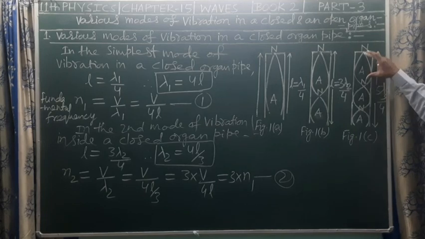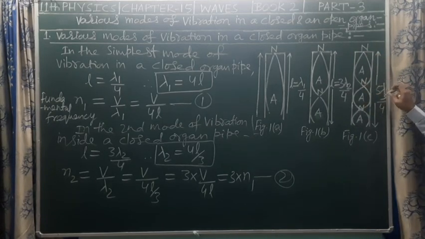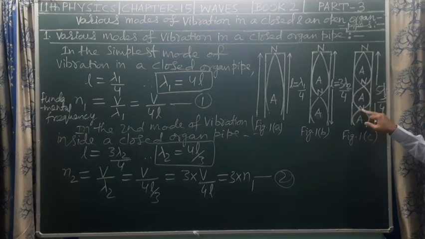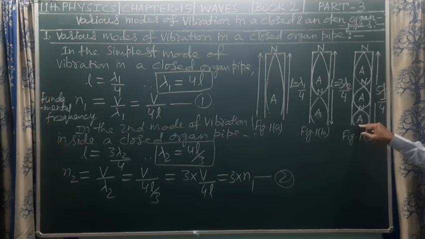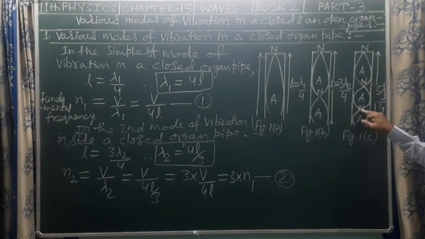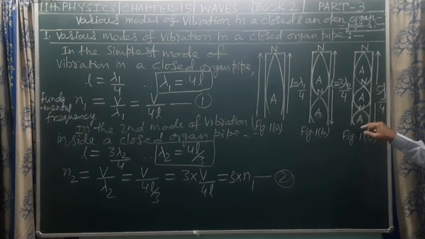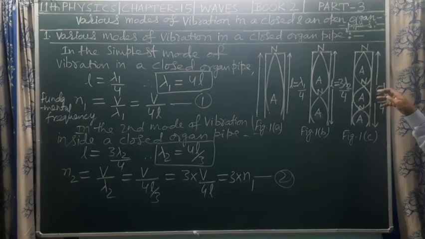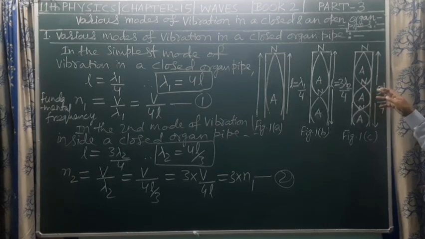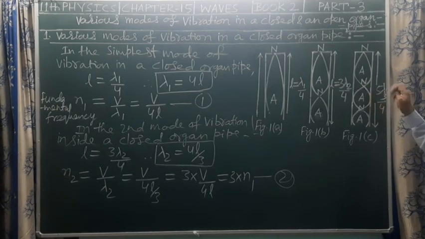So 2 lambda 3 by 4 plus 2 lambda 3 by 4 is 4 lambda 3 by 4, and the distance between the antinode formed at the open end of a closed organ pipe and the nearest node is lambda 3 by 4. So 4 lambda 3 by 4 plus lambda 3 by 4 is 5 lambda 3 by 4, where lambda 3 is the wavelength of the wave produced inside the closed organ pipe in the third mode of vibration.